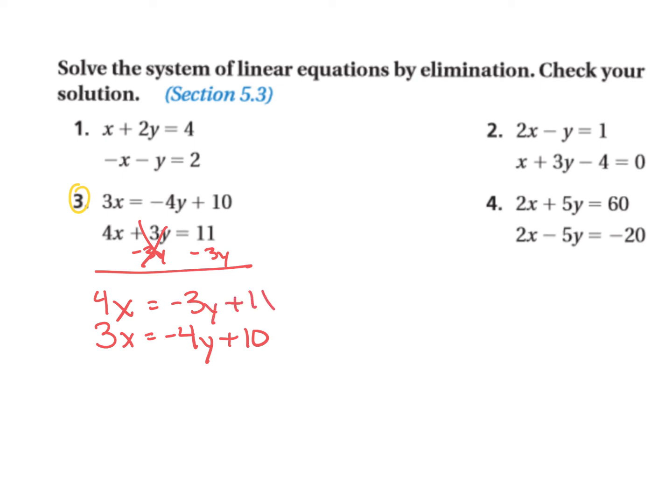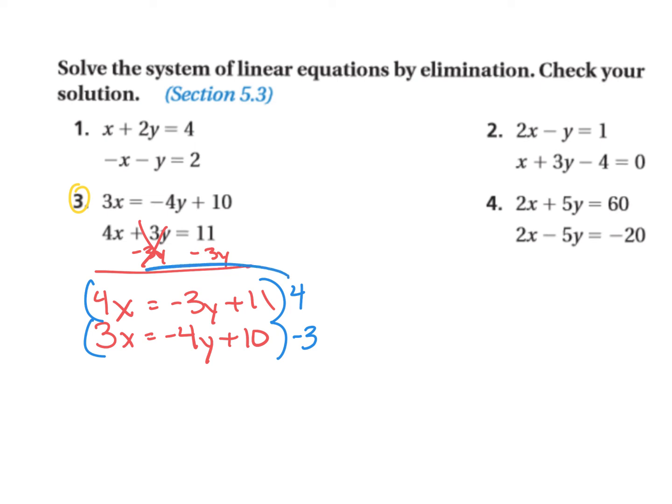So if I look here, I now have everything lined up. Let's look at my y's. I have 2 negatives. Let's multiply this whole first one by 4 and this whole second one by a negative 3. That way this second one will turn into a positive.